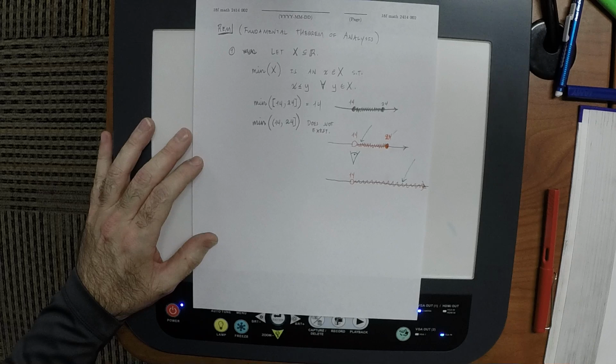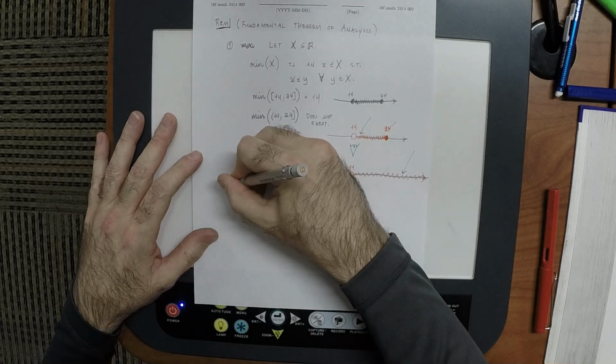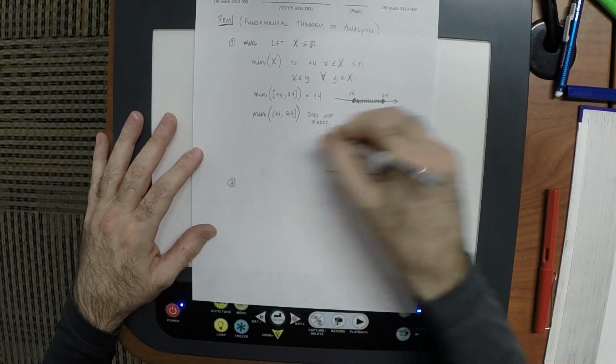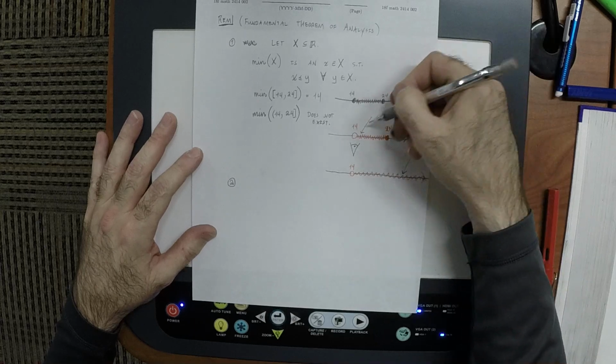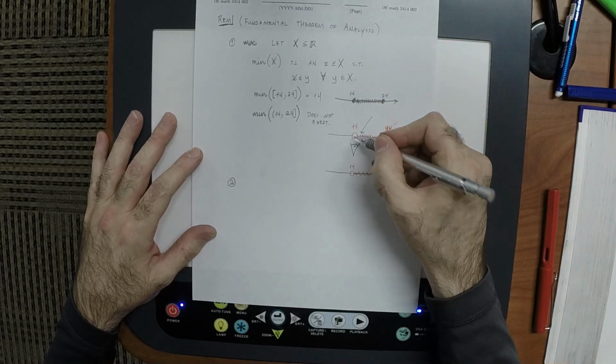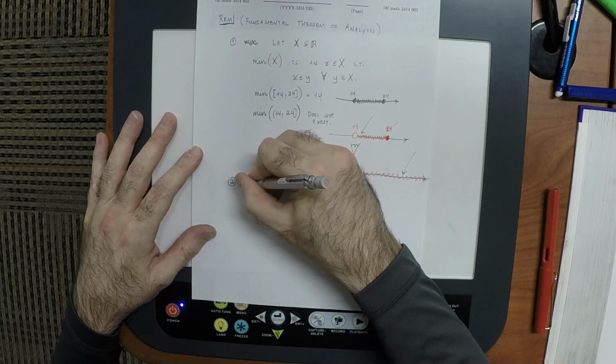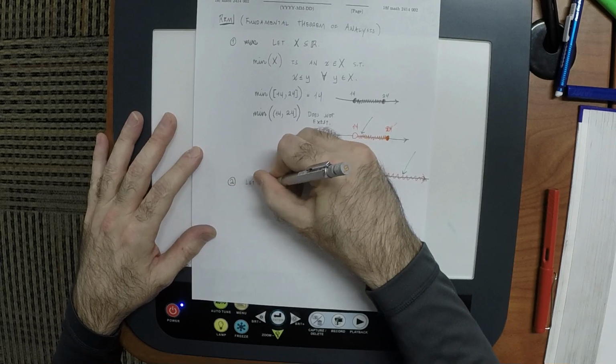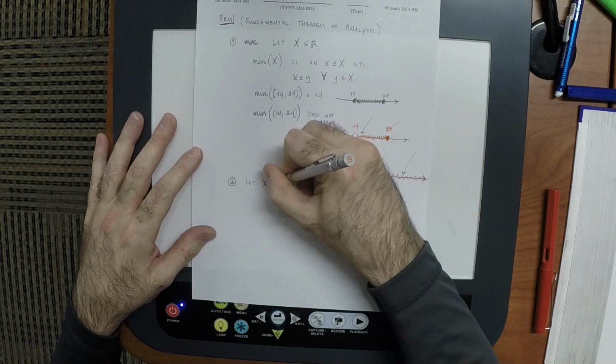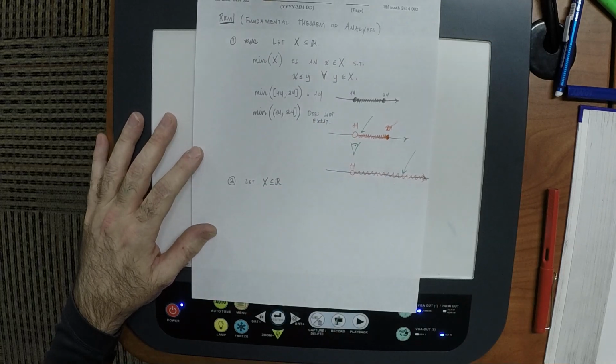So to that end, we need to be able to say, how do you get to say the thing is 14? All right, so now we have something. Let X be a subset of the reals.